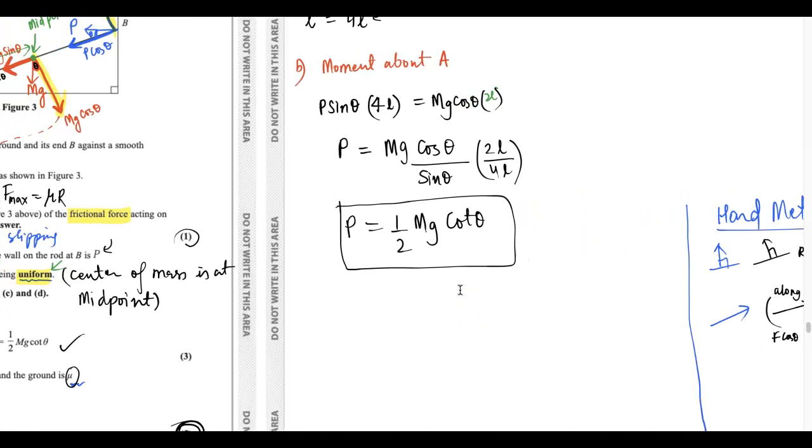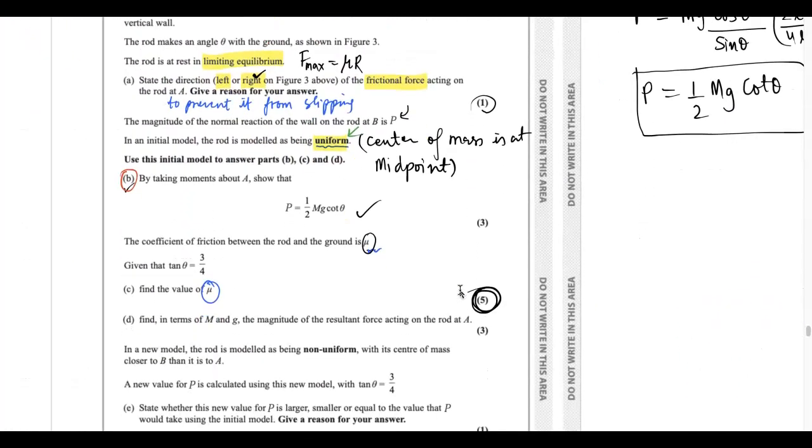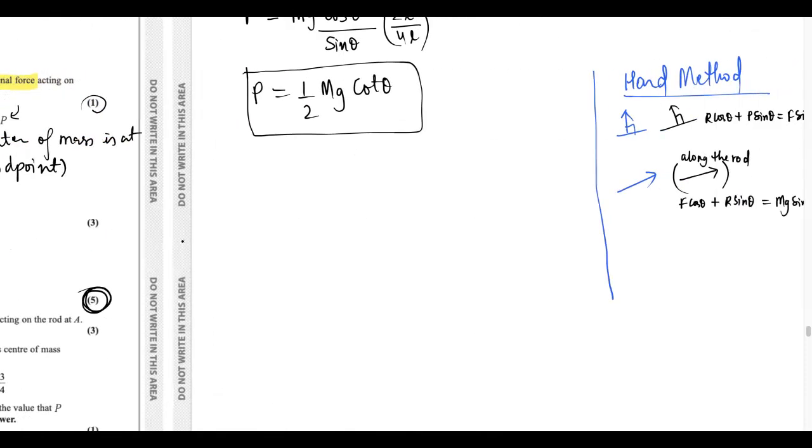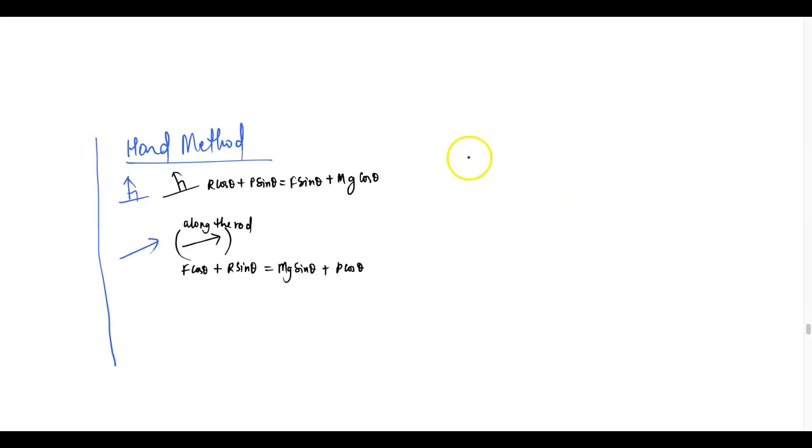Now in the same question, we have one more piece of information given, that is tan theta is 3/4. So if you have tan theta 3/4, you can find out sine theta and cos theta. So sine theta is going to be 3/5 and cos theta will be 4/5, right?